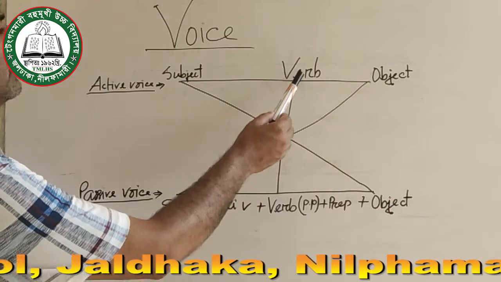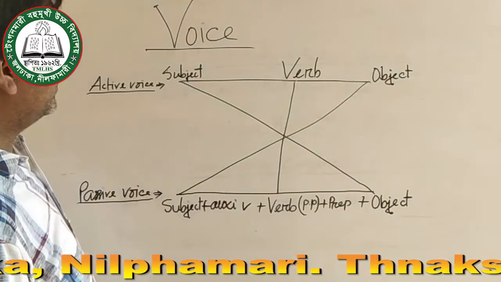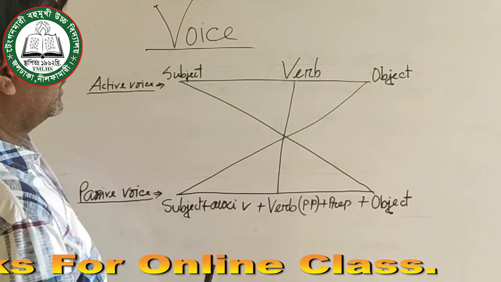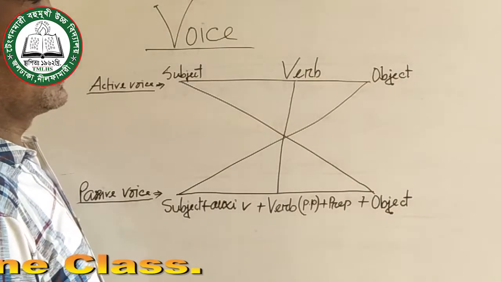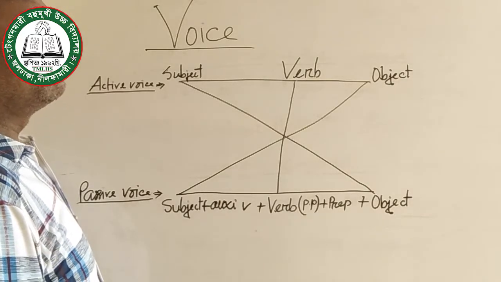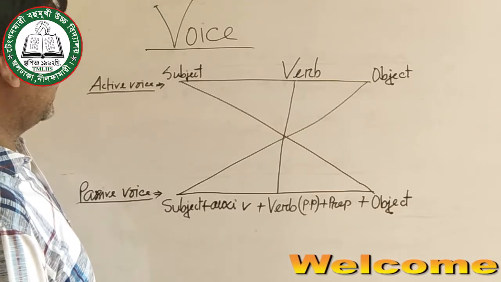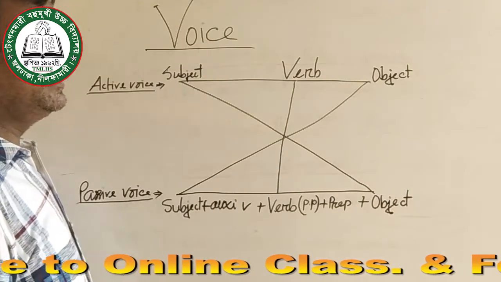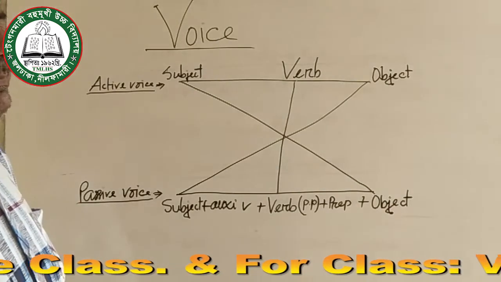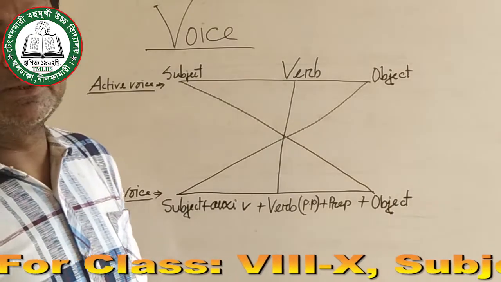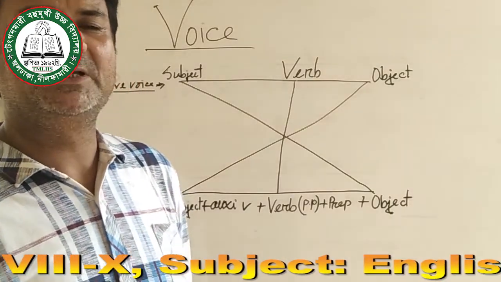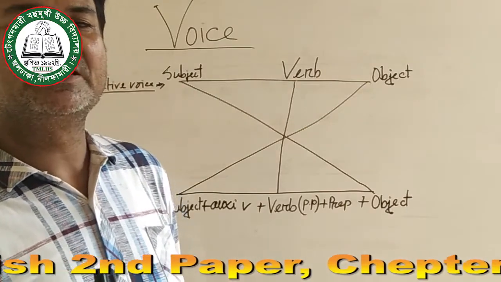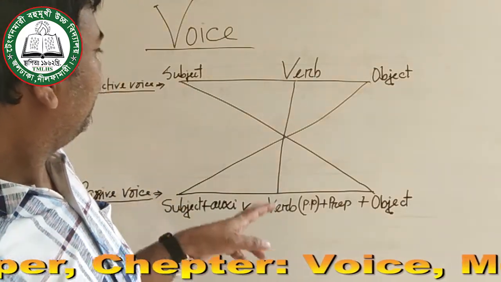Here the verb of active voice becomes verb PP, past participle, in passive voice. In every passive voice, the principal verb must be PP. That means past participle, V3.